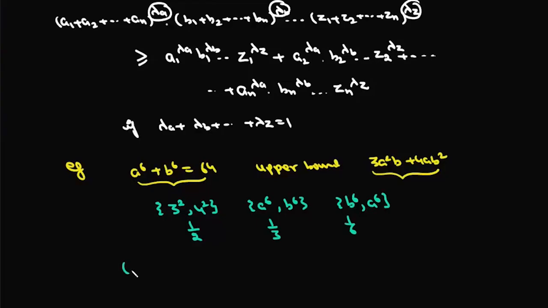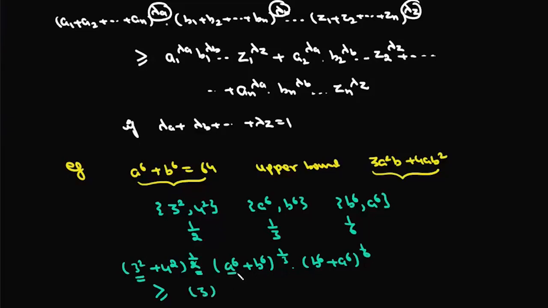So we can write (3 square plus 4 square) to the power 1 by 2 into (a to the power 6 plus b to the power 6) to the power 1 by 3 into (b to the power 6 plus a to the power 6) whole to the power 1 by 6, and it is greater than or equal to, now a1 to the power lambda a, so it will be this 3, b1 to the power lambda b, so a to the power 6 to the power 1 by 3 is a square into, and this is c1 to the power lambda c, b to the power 6 to the power 1 by 6 is simply b, plus, and then this is a2, so it will be this 4, and then b square and a.